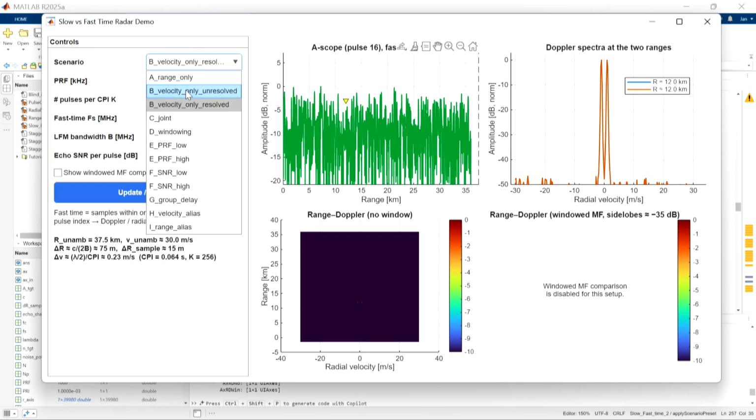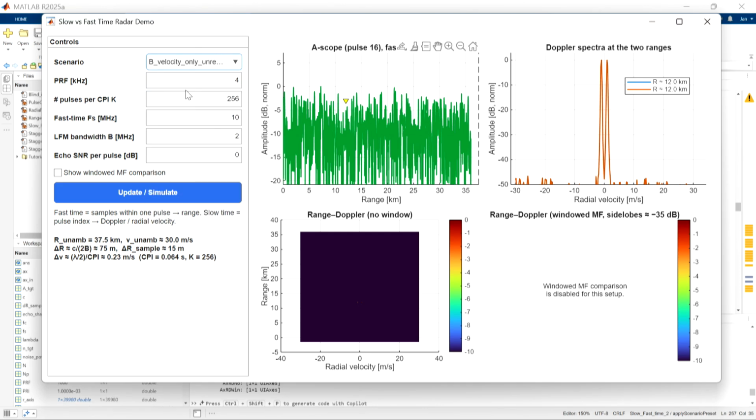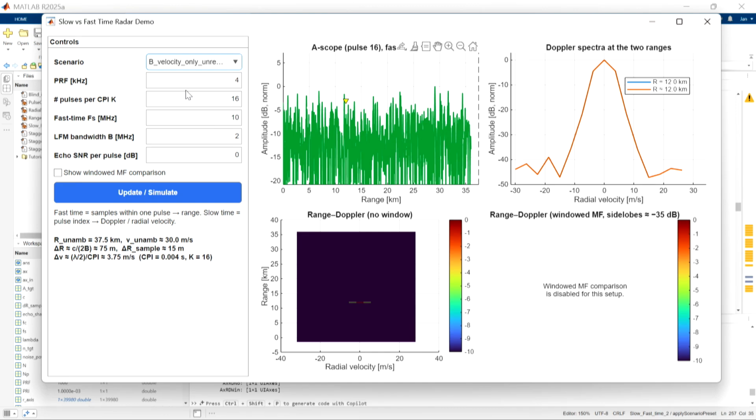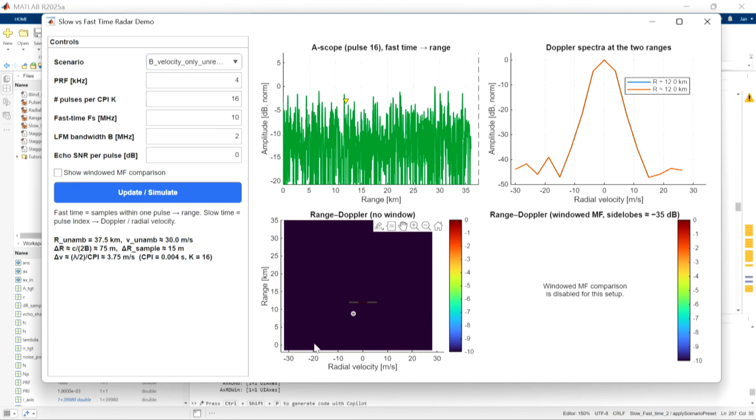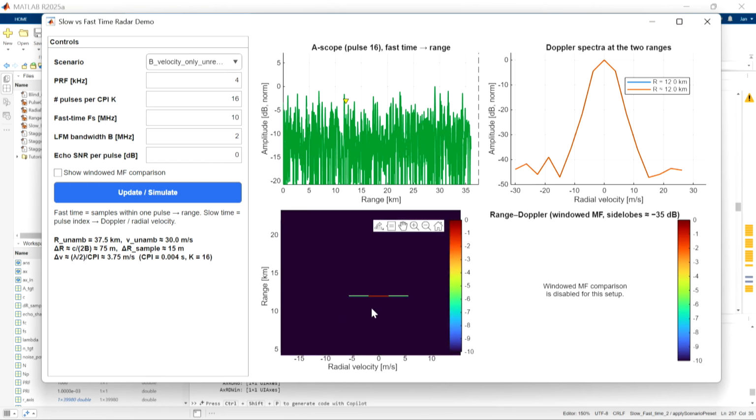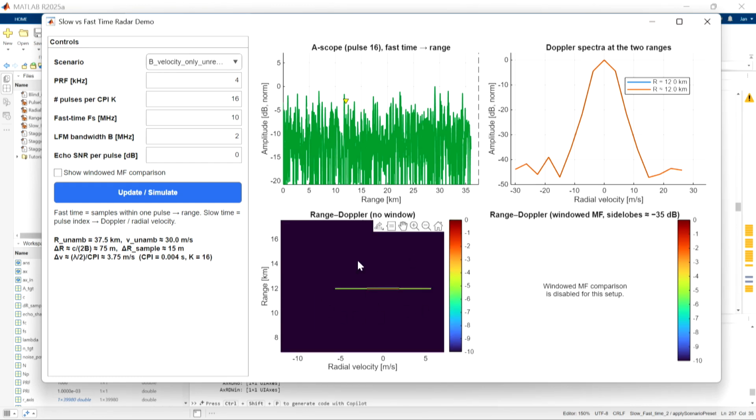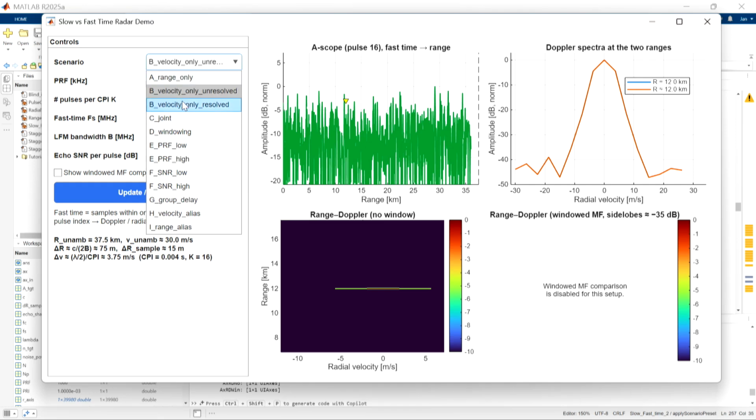If it is unresolved, what does unresolved mean? That we don't have enough resolution in speed. And look, there is radial velocity, there is range. You can see there is no resolution of targets. I see only one target. It will be resolved.